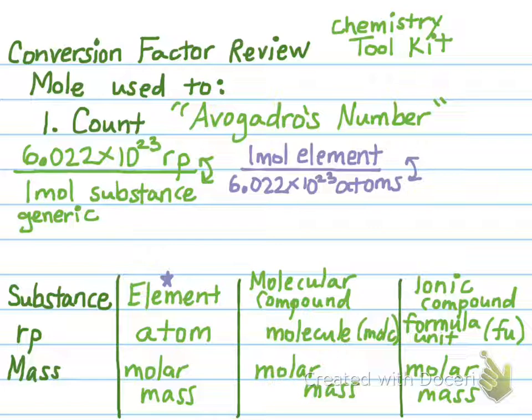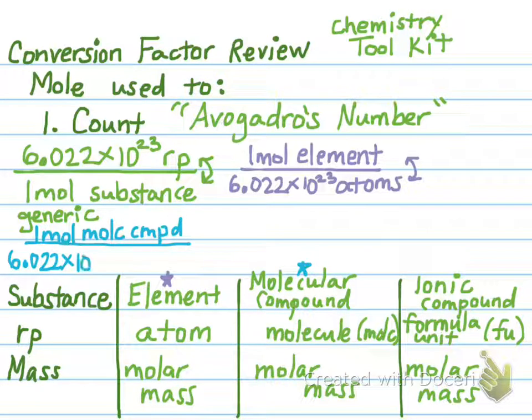You had 1 for molecular compounds. You had that 1 mole of molecular compound is Avogadro's number, molecules. And again, depending upon where I need my units to be, I can flip this.